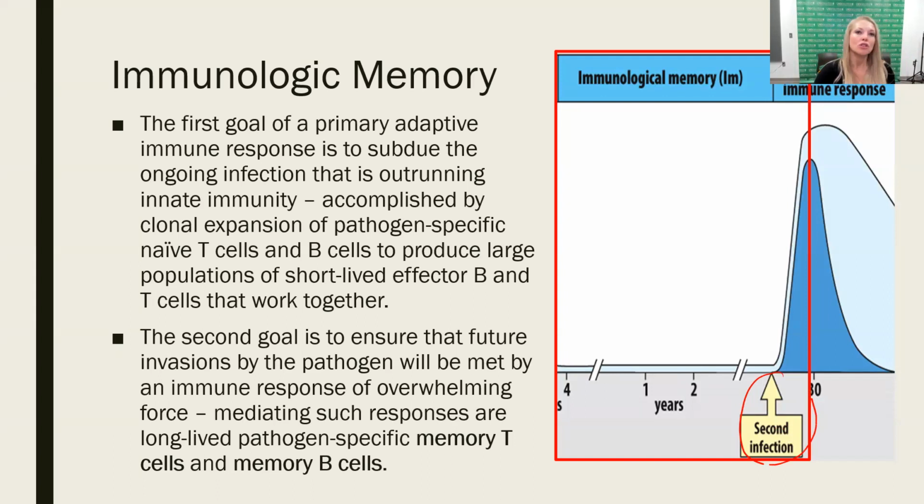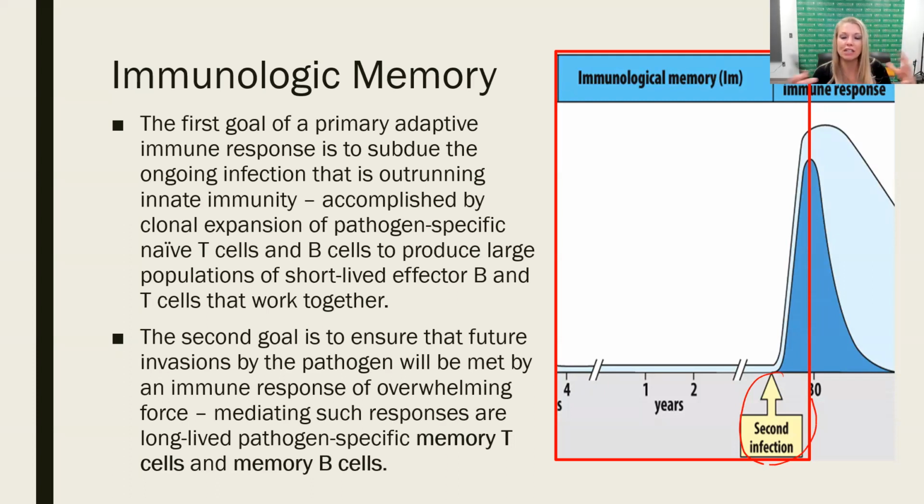Okay, so the first goal again of the primary immune response is to stop the infection and clear the pathogen that has outran the innate immune responses. We've looked at this in depth. We know that it includes the development of a clonal population of T cells.